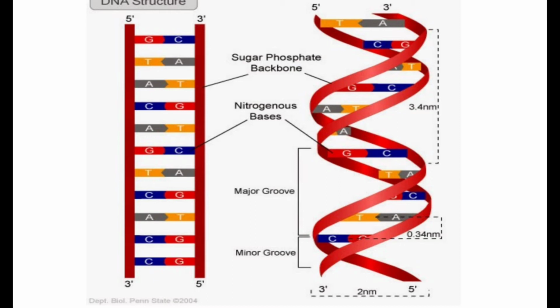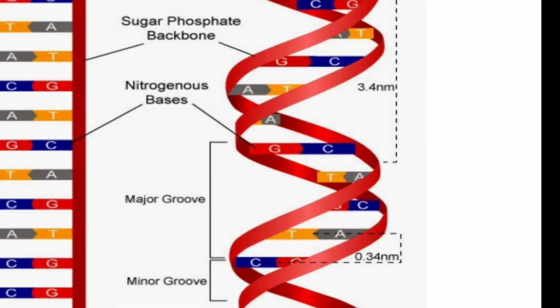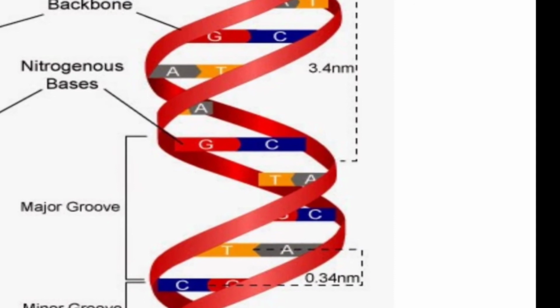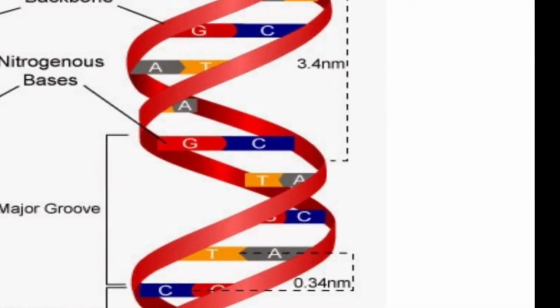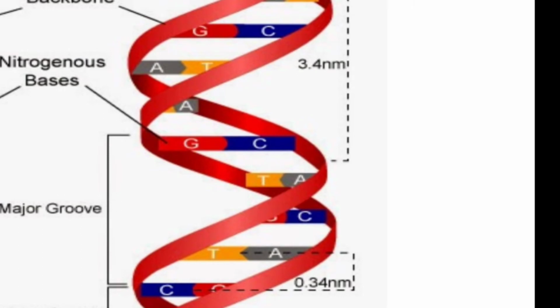Further, there are base pairing rules, what we call Chargaff's rules. Adenine always pairs with thymine, and guanine always pairs with cytosine. What is the bond between A and T? That is a double bond.